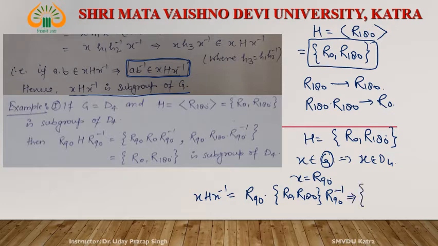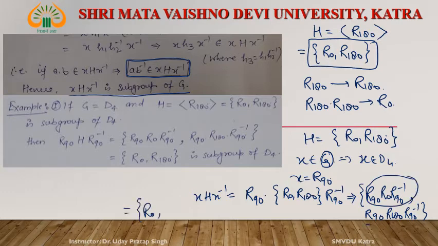So this is R90 R0 R90 inverse and R90 R180 R90 inverse. After solving this, we got R0 and R180. It means this is a subgroup of D4.